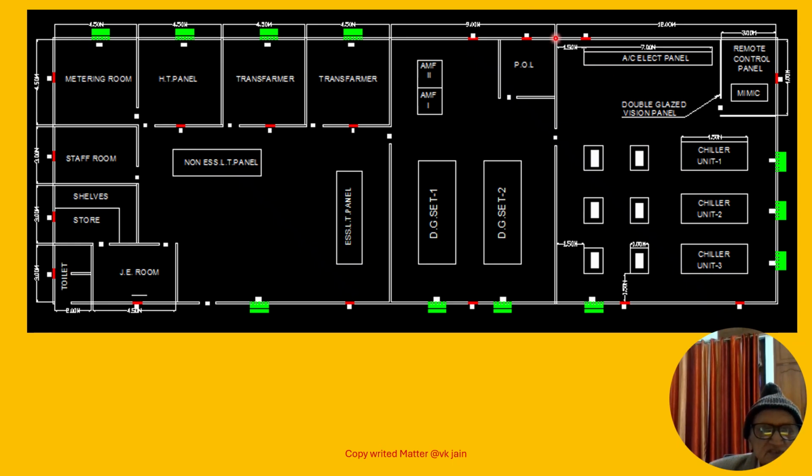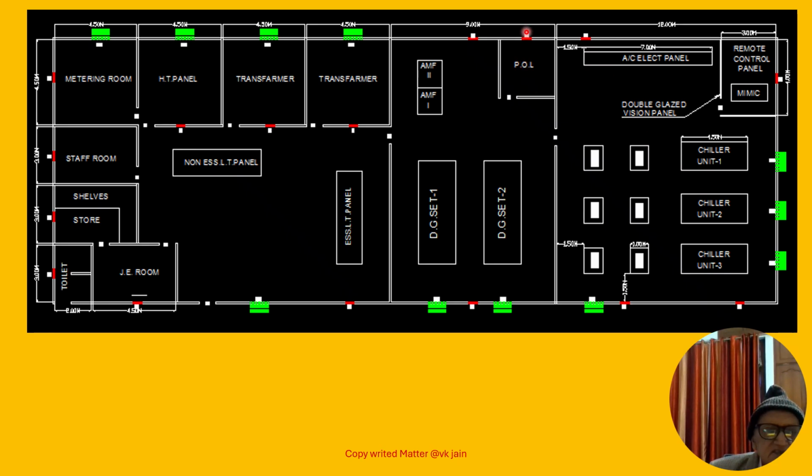The second portion has two diesel generating sets and two AMF panels, and at the corner a petrol oil or lubricant room. This can be called a diesel room in case of a diesel generator, and in case of petrol it is called POL.